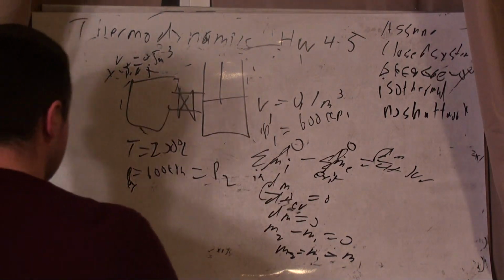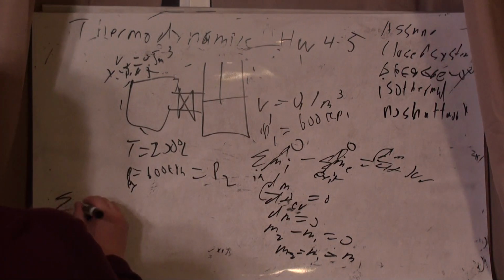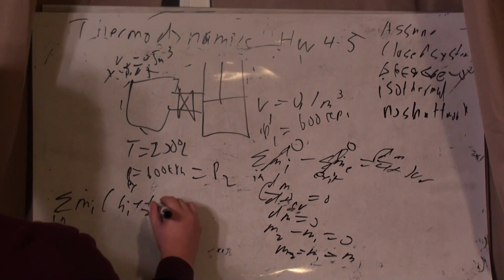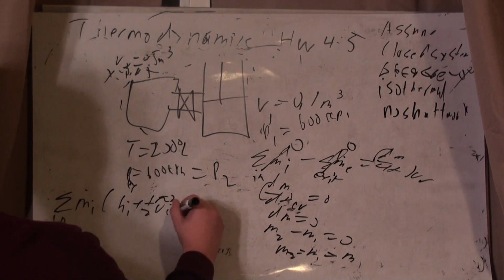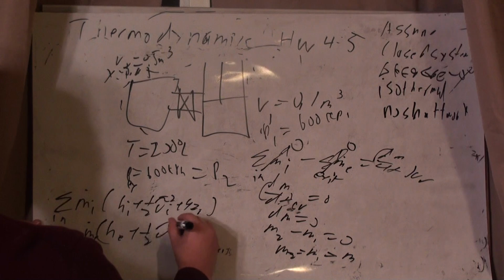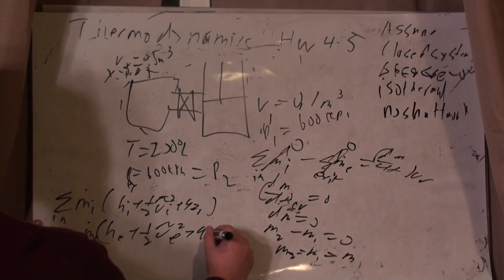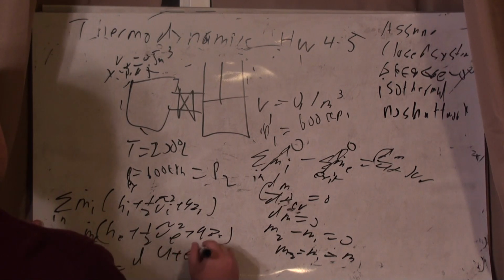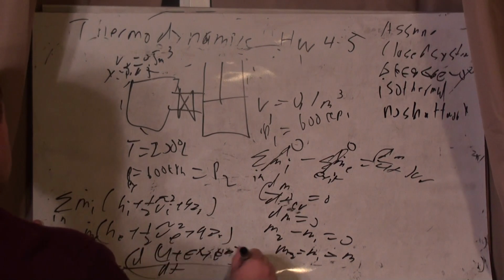So we now have our energy balance: sum over inlets of m dot times h plus 1/2 v squared plus g z, minus the sum over exits of m dot times h plus 1/2 v squared plus g z, plus Q dot plus work dot equals d(U plus KE plus PE)/dt of the control volume.